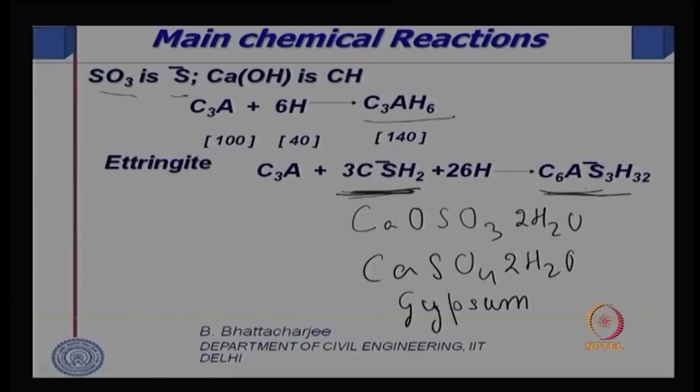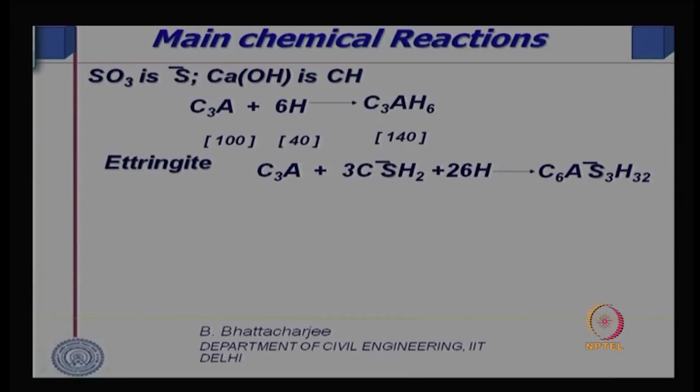Now, this calcium sulphate or gypsum, hydrated calcium sulphate, readily reacts with C3A and forms a compound of this kind, C6A S3 bar H32. So, C3A reacts with gypsum in the presence of water to form this compound, and this is called ettringite.